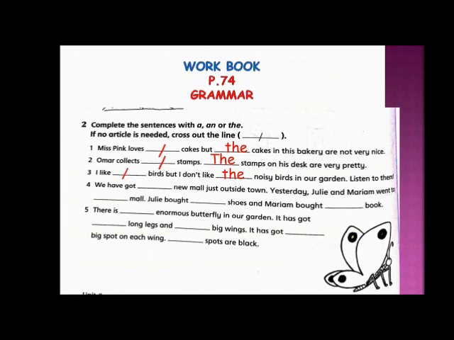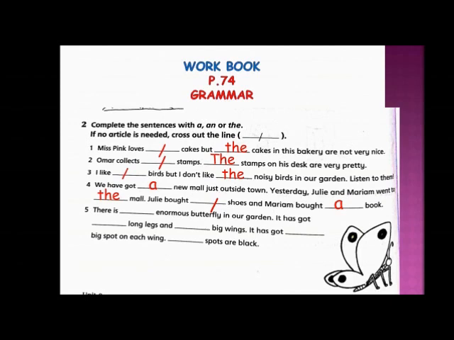We have got a new mall just outside town. Yesterday, Jolie and Miriam went to the mall. Jolie bought, no article, shoes. And Miriam bought a book. It's just a book. It's not a particular book.